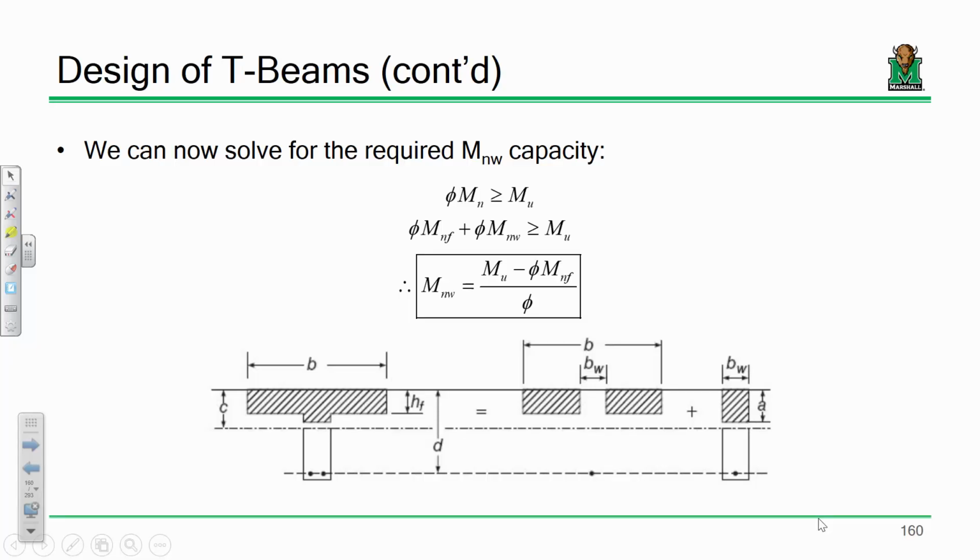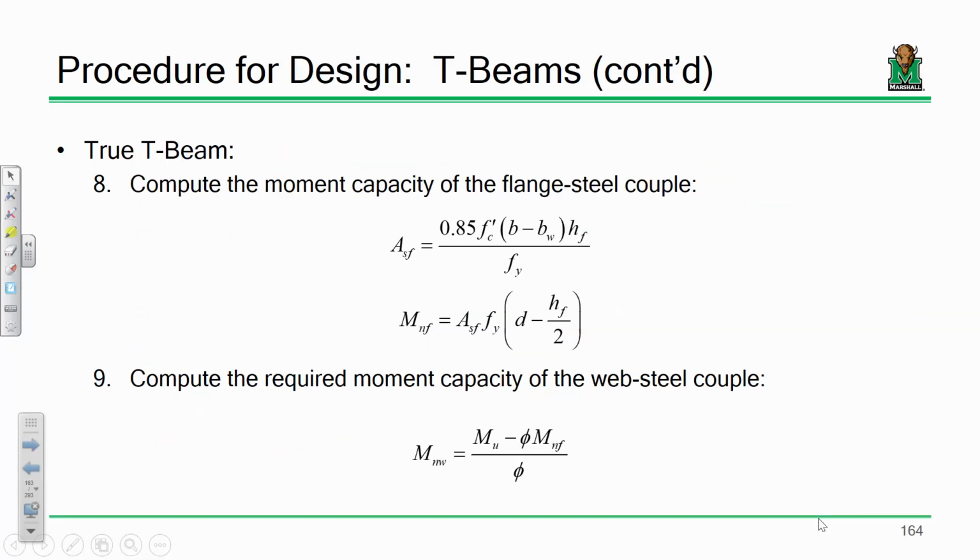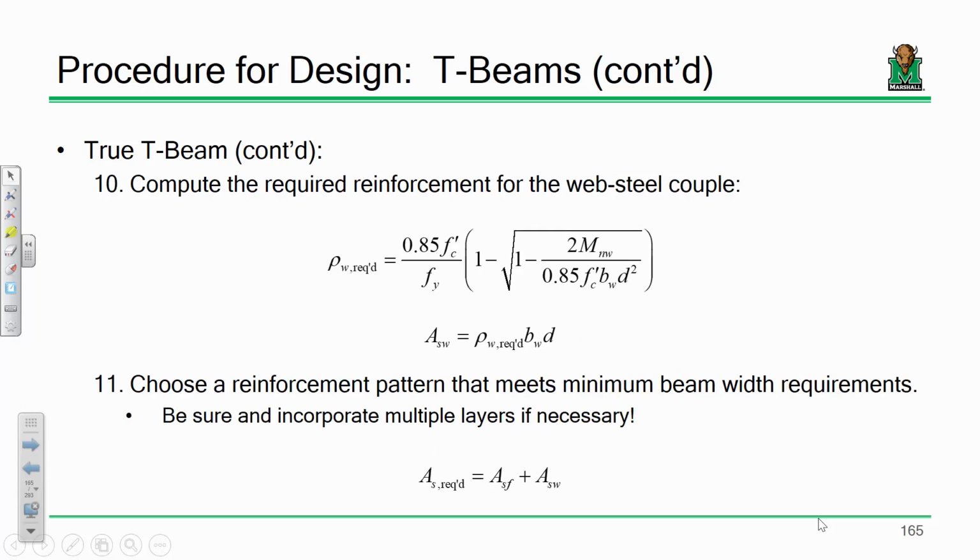So we compute the capacity of the flange couple, and then we determine how much steel we would need to put into that couple to make that happen. Then once we have the capacity of the flange couple, we back calculate how much capacity we would need out of the web couple. Once we get that, compute how much steel we need there, add the two steels up, and then pick a pattern accordingly. So there's a little bit more going on, but it's not harder, it's just a little bit longer.